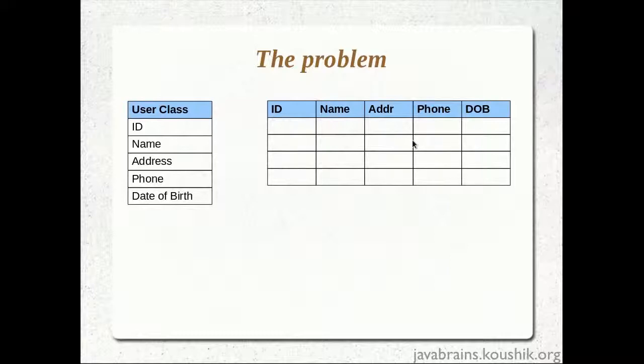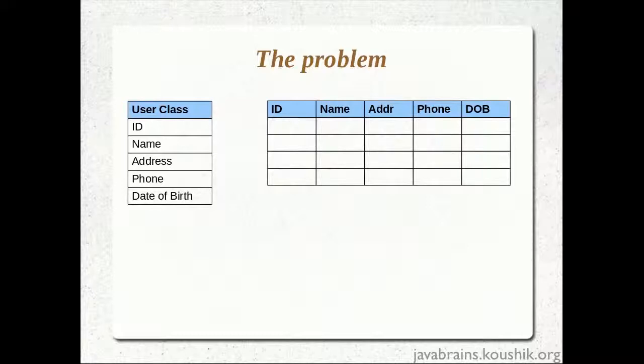So this is something that we have been doing over the years. And what we normally do when it comes to a Java application is we would normally use a JDBC connection, and we would connect to the database, and then we would take this user object. Let's say I want to persist user object 1.